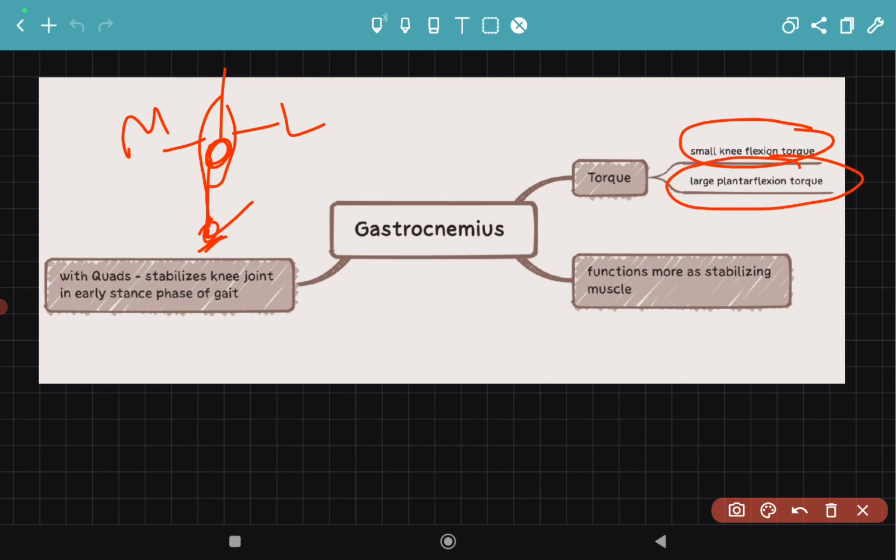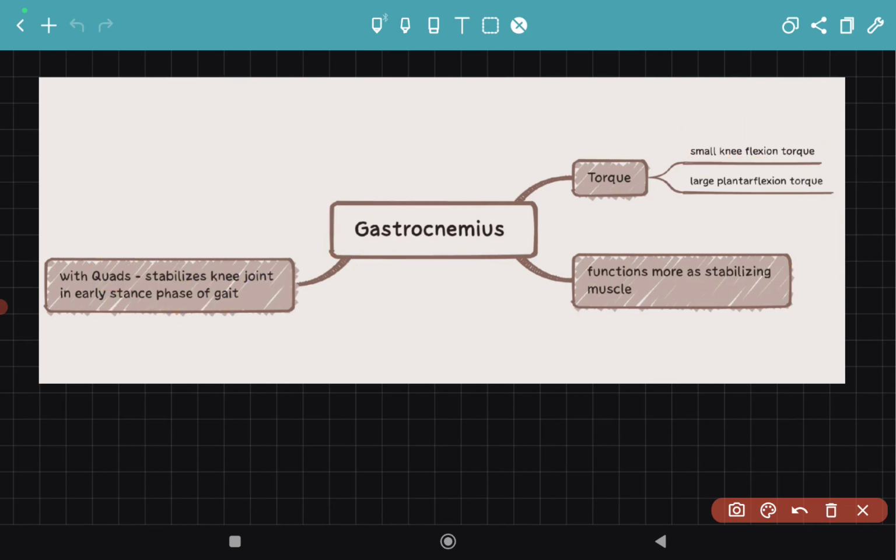So comparatively, gastrocnemius will provide larger plantar flexion torque and smaller knee flexion torque if compared at the knee and ankle. Other than this, it functions more as a stabilizing muscle, and as it stabilizes the knee joint, the gastrocnemius along with quadriceps will stabilize the knee joint in the early stance phase of gait. So this was about gastrocnemius.